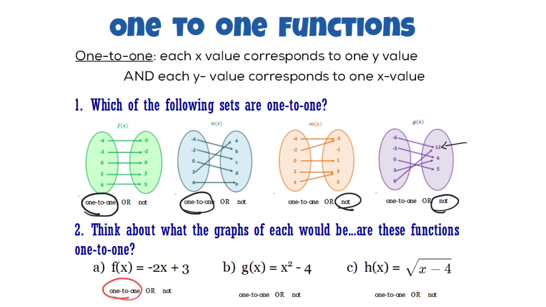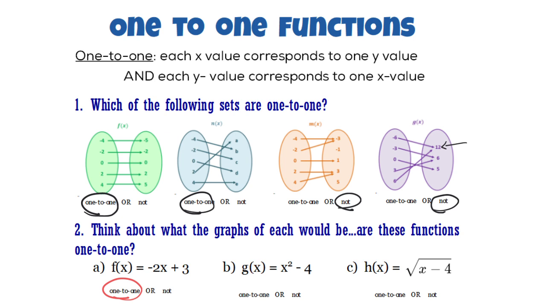But let's look at B. Here's an example where if I put a number in for x right here, I might put in a 3. I get 9 minus 4, that's a 5. There's no way to get a different number. I'm not going to get multiple answers over here.